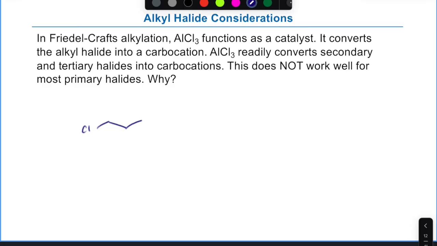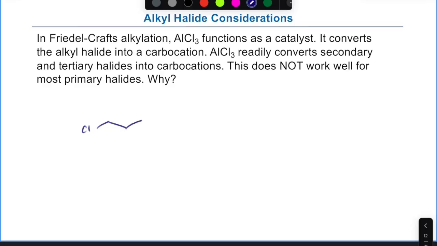Yep, and so what would happen if you generated it? Getting there. It would do something before it reacted with the benzene ring. Is it like carbocation rearrangement? Because there's no hyperconjugation.